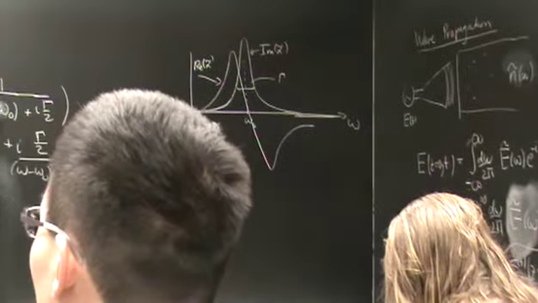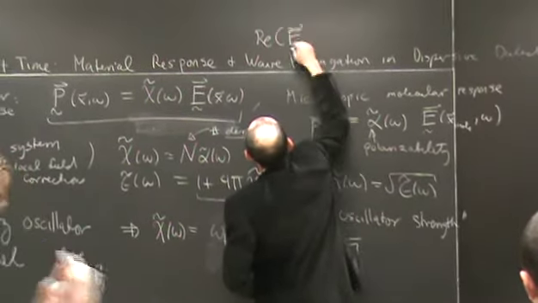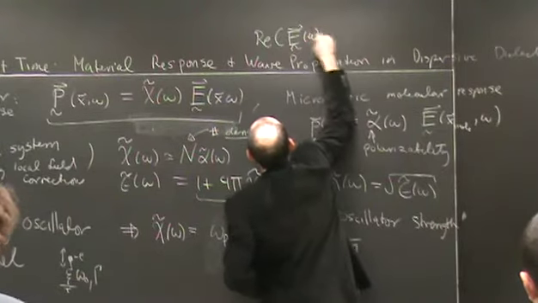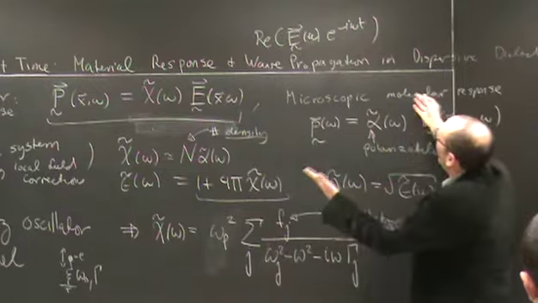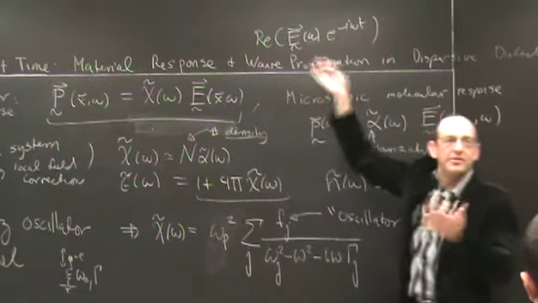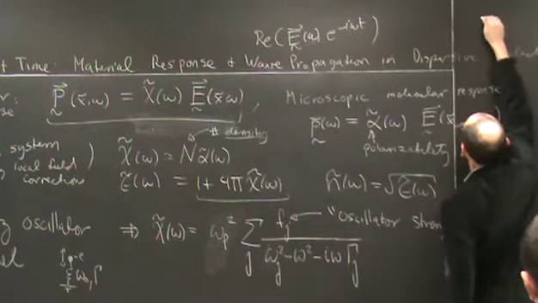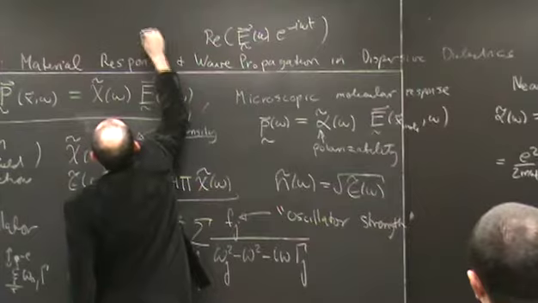So when I write this in the frequency domain, I can either be thinking about this as I have a wave which is oscillating at that frequency, and this is the complex amplitude associated with that frequency, or equivalently, I can think about this as my E Fourier transform.